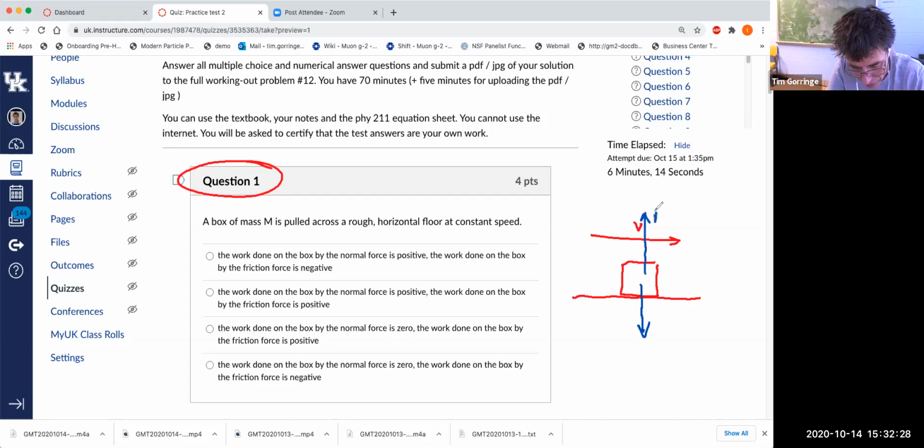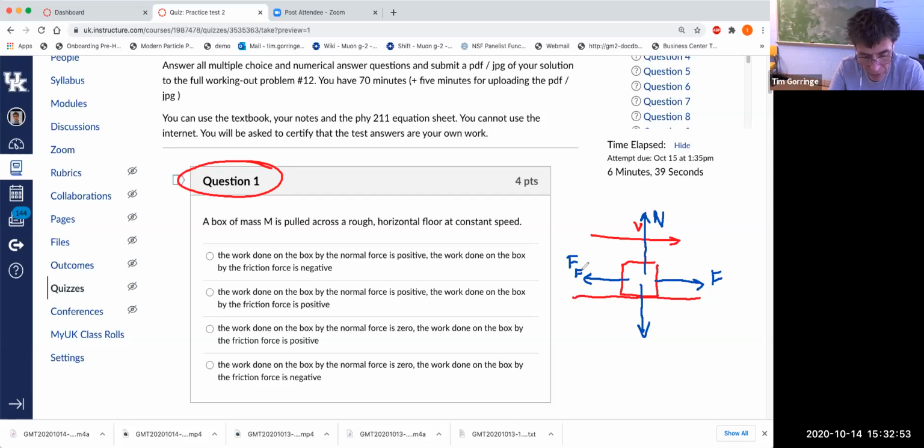We're familiar with that. There's the person who's pulling the box. The person's exerting a force. I'll just call that F. And then finally, it's a box on a rough surface, so there's a frictional force. And I'll call that F subscript F. And so those are the forces.